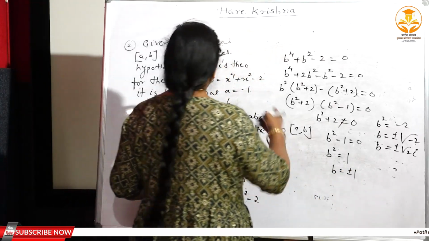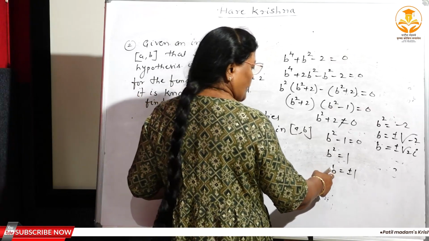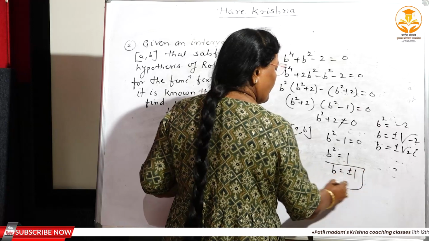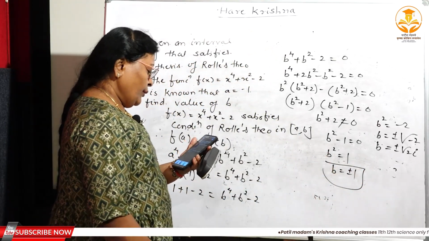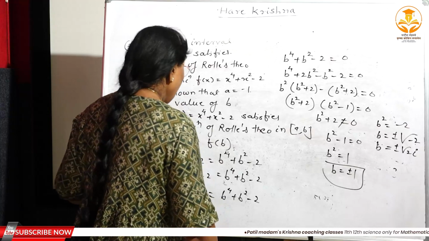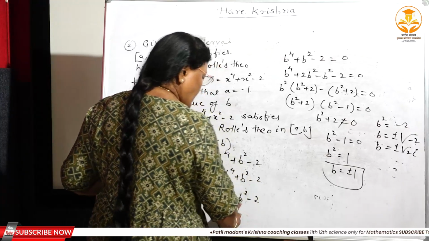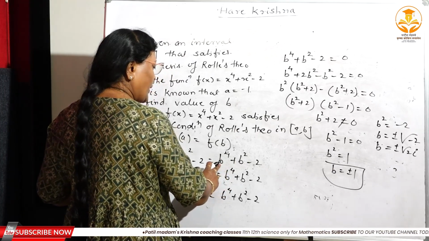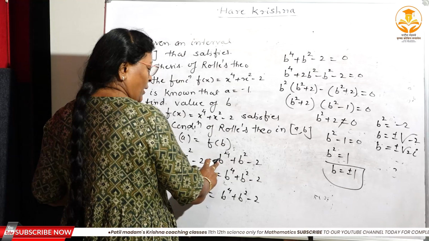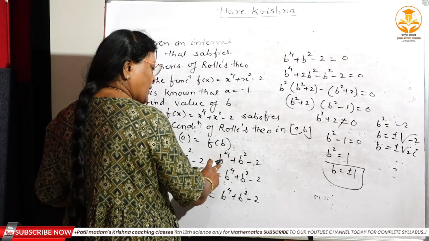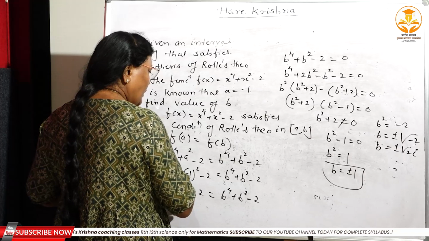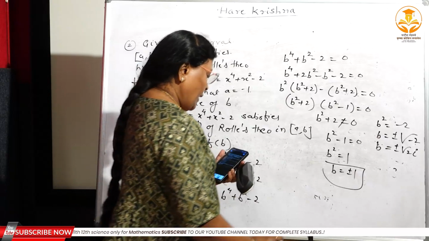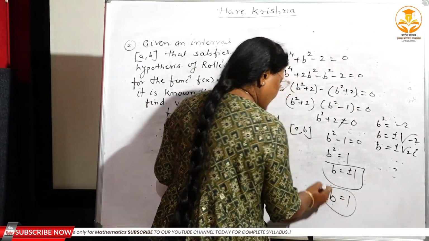Now here they have given the interval a comma b, which is positive, and the value of a they have given as minus 1. Therefore, if you substitute the value of b as 1, then this satisfies the given function, hence the value of b is equal to 1 you have to consider, isn't it?